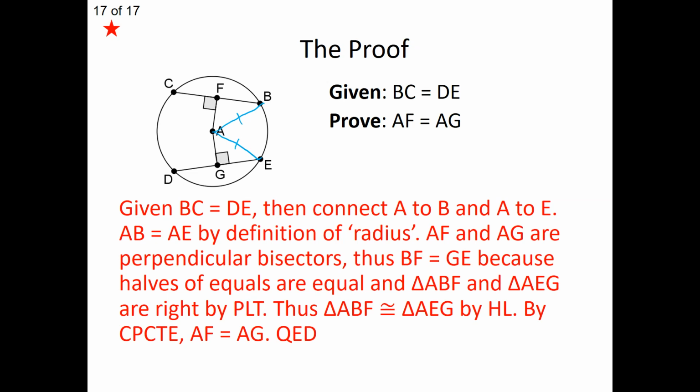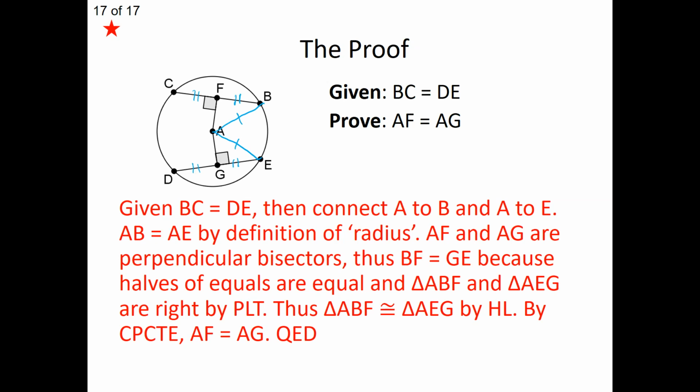Because AF and AG are perpendicular, they are perpendicular bisectors of the chords, which then means that BF and GE are equal. In other words, actually all four of those halves are equal, because equal wholes have equal halves, and that means we have those segments BF and GE equal to each other.